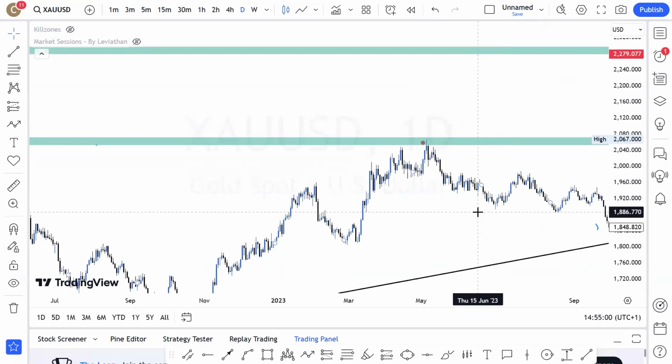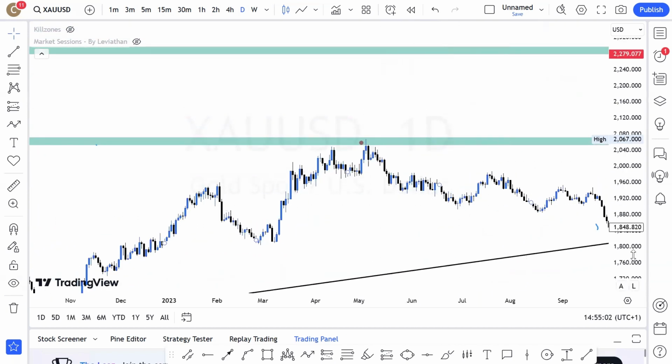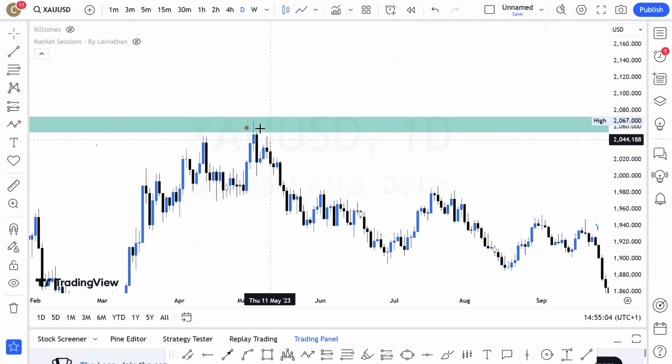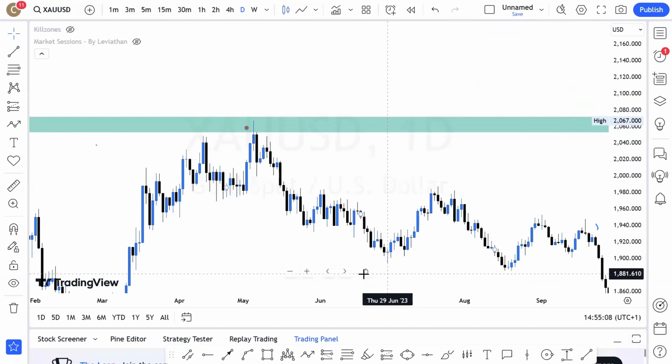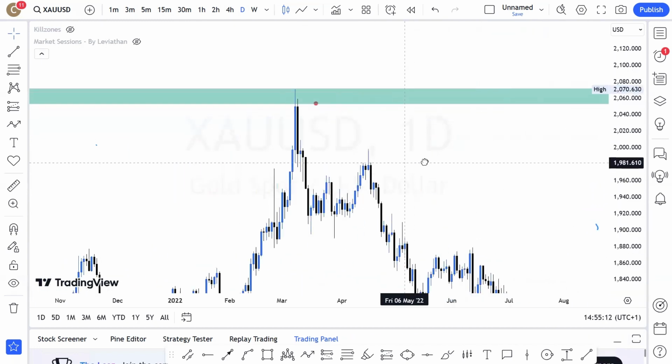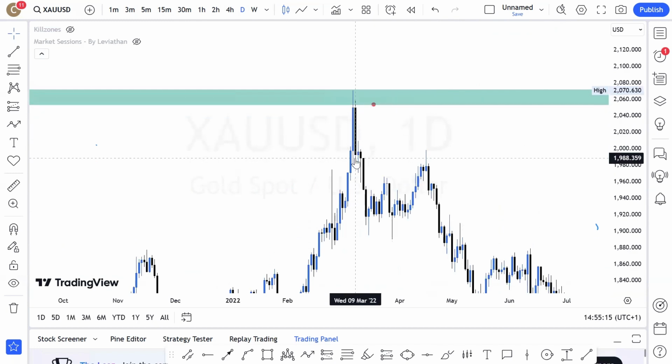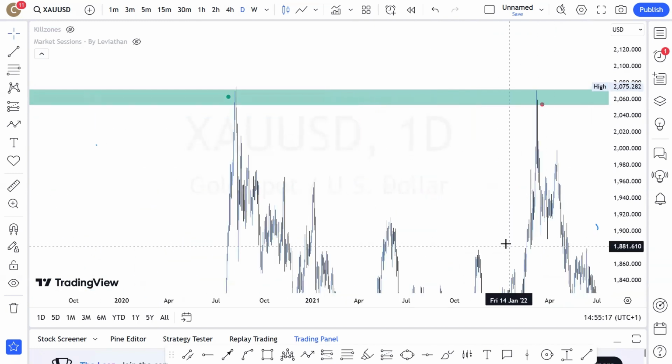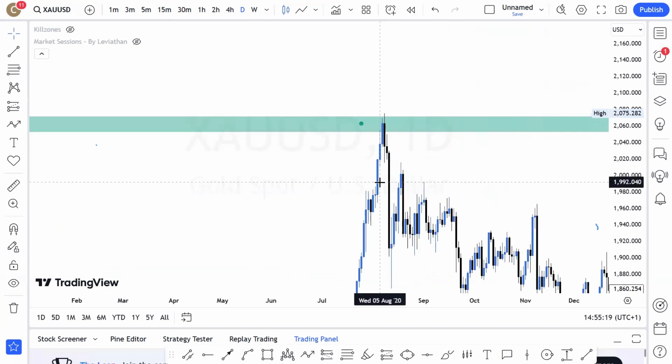If you come to this zone, you see the market printed a shooting star, then engulfing, market dropped. You go back in time too, you're still going to see this. So what we had there is a bearish engulfing, market went down. The same thing here.